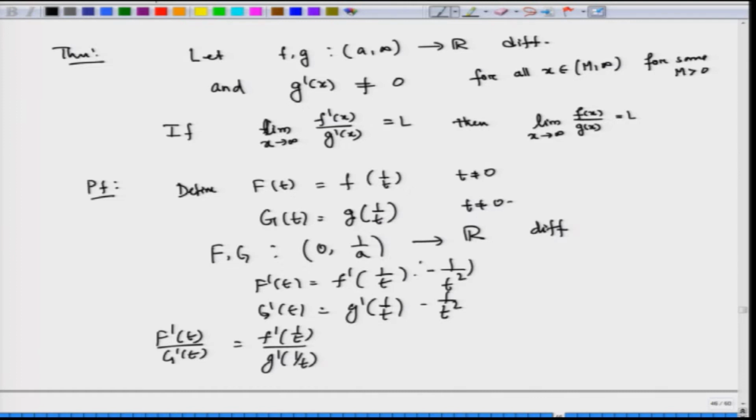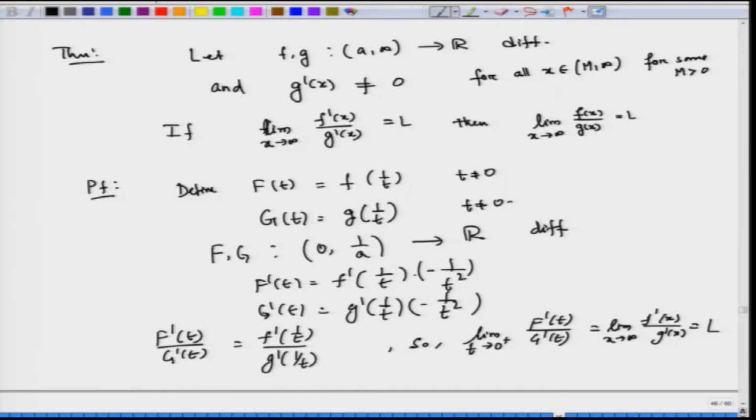So, the limit as t goes to 0 plus of F prime of t by G prime of t is equal to the limit as x goes to infinity of f prime of x by g prime of x, which is equal to L. Now, we can apply the version.